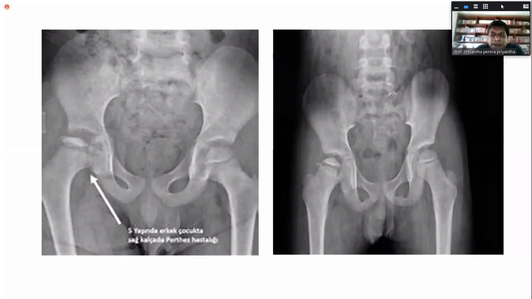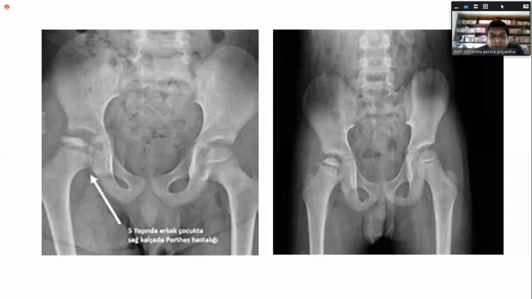So why do we get Perthes disease at this age? What's the underlying pathology behind Perthes? What causes it? What happens in Perthes disease? Avascular necrosis of the capital femoral epiphysis.